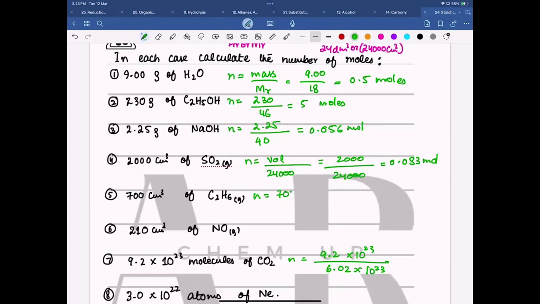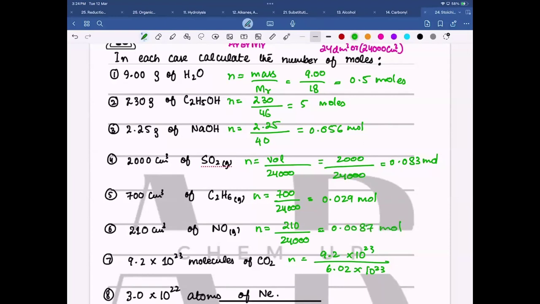And here what we will do? Yes, 700 divided by 24,000 centimeter cube, because it's in centimeter cube as well. So what moles will we get over here? 0.029 mole. Okay. Then here it's 210 and again 24,000. So what will be the answer? 0.0087.